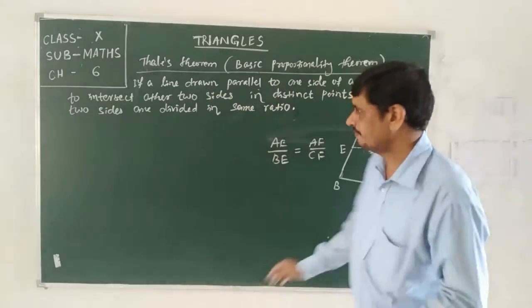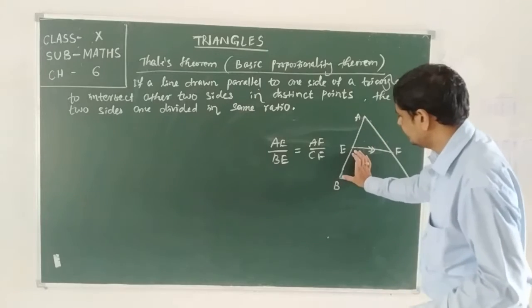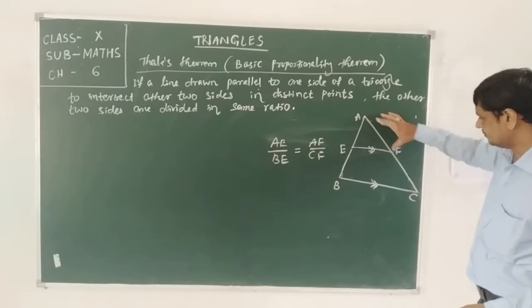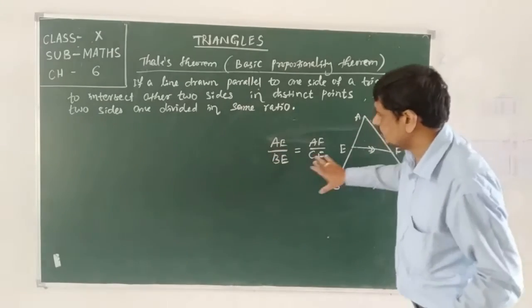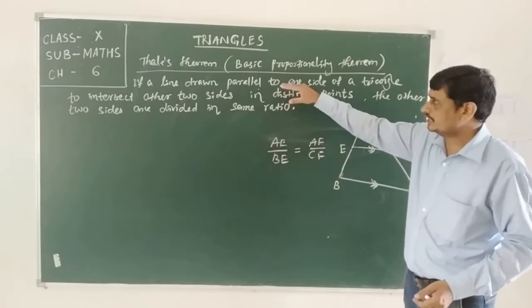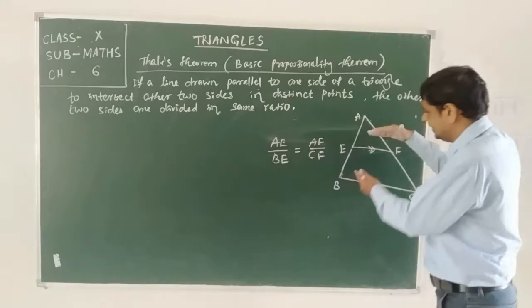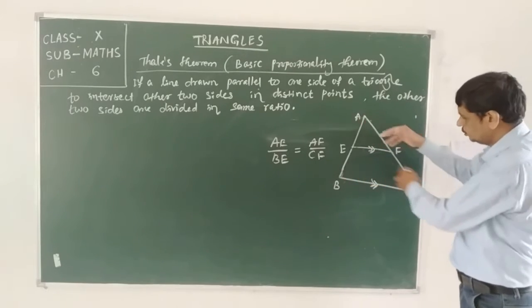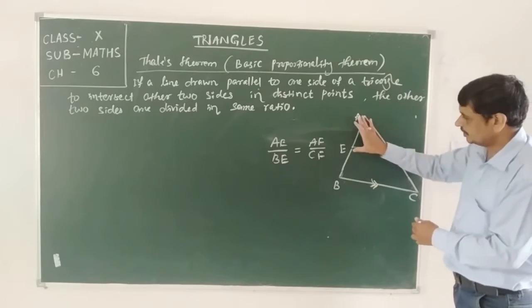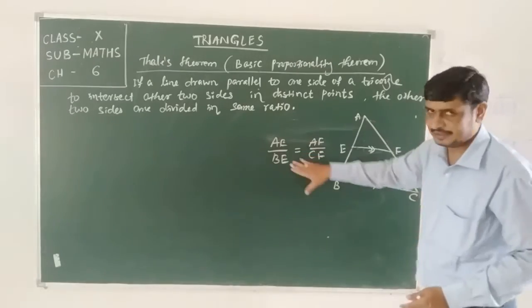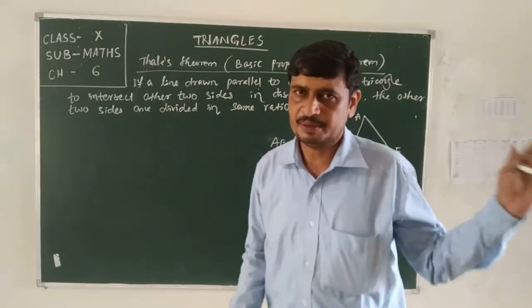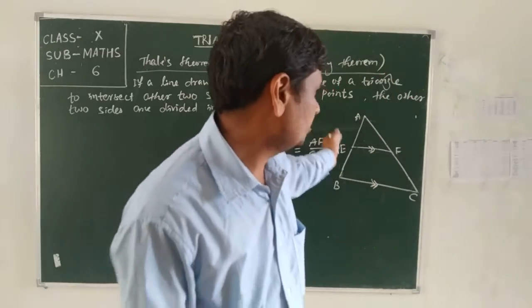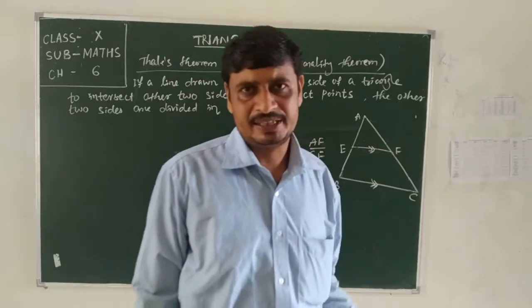We have to prove it. AE by EB and AF by FC become equal. According to this theorem, Thales theorem, where a line parallel with one side of a triangle intersects the other two sides in distinct points, then the other two sides will be divided in the same ratio. Whenever we draw such lines, the other two sides will be divided in the same ratio.